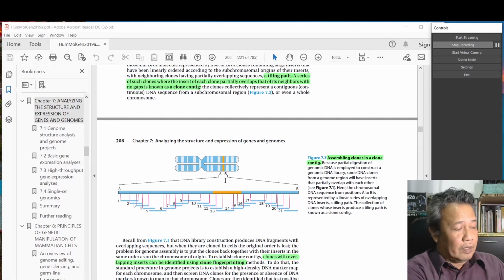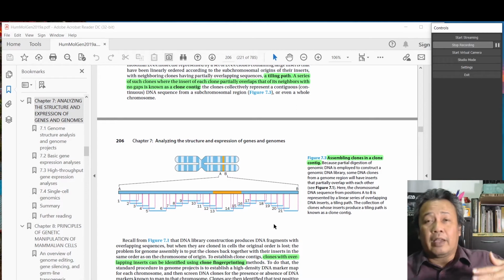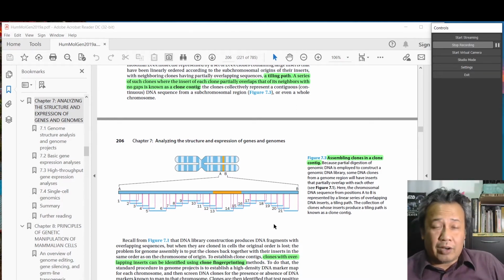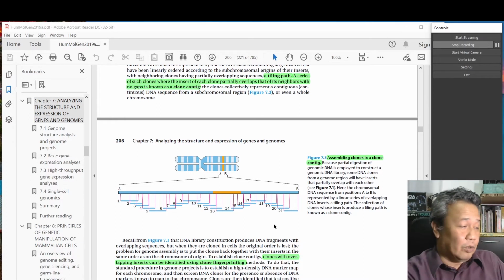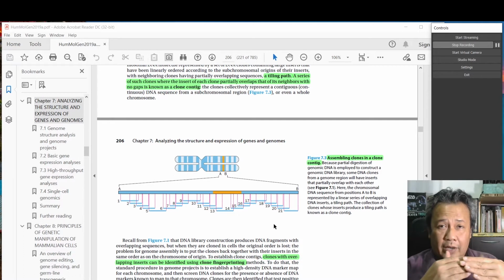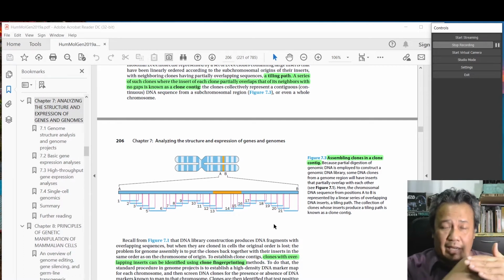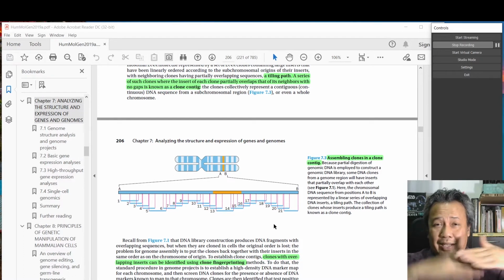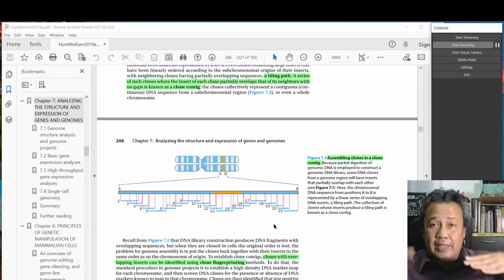Let's say, for example, between this region A and B, you have all these clones, you have all 21 clones, and you want to order them. Remember, if you already have the landmarks, that means you check clone number 1, what are the landmarks there, clone number 2, and then you find regions that overlap.